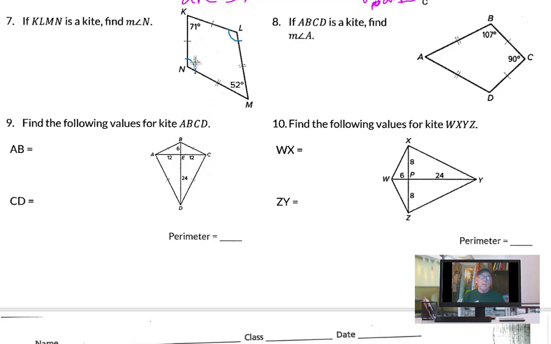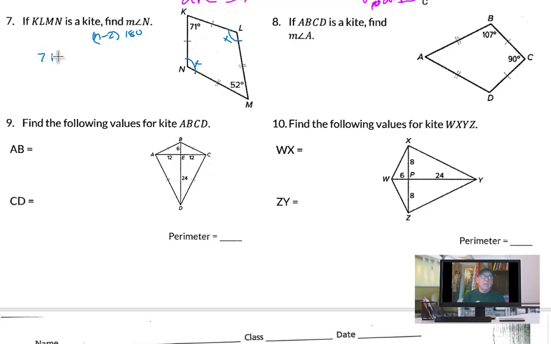Let's call each one of these measures X. Because it's a quadrilateral, all of these angles need to add to 360 degrees. Remember, we got our n minus 2 times 180 formula for the sum of the angles. 4 sides take away 2 is 2. 2 times 180 is 360. So if I add these up, subtract from 360, and divide by 2, I'm going to find the measure of angle N.